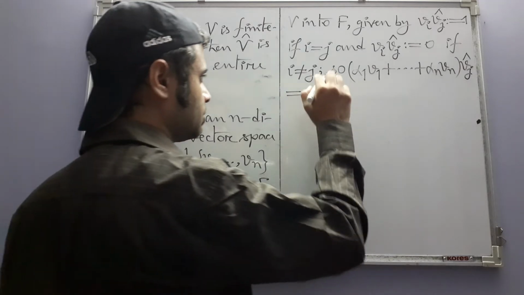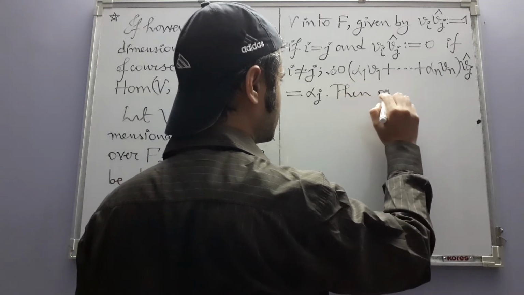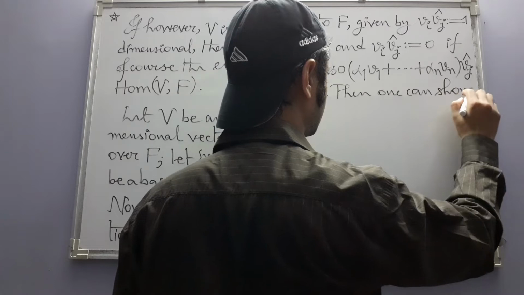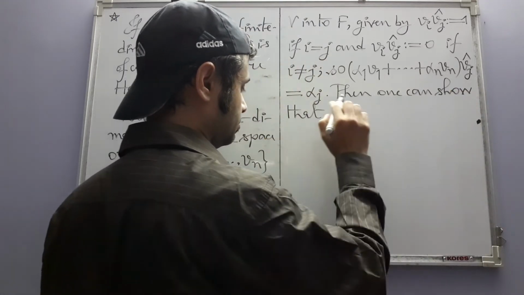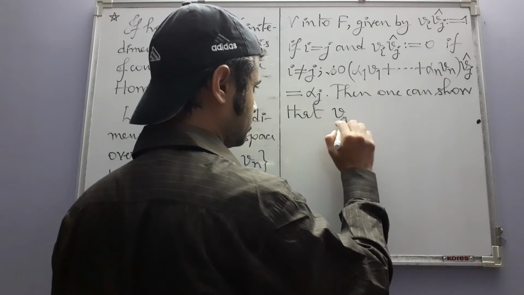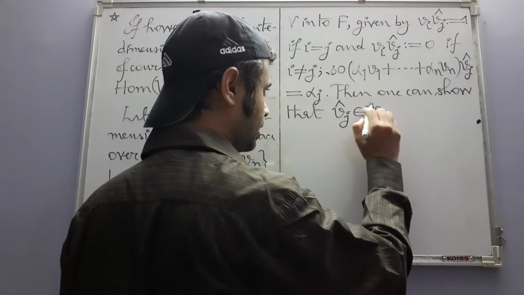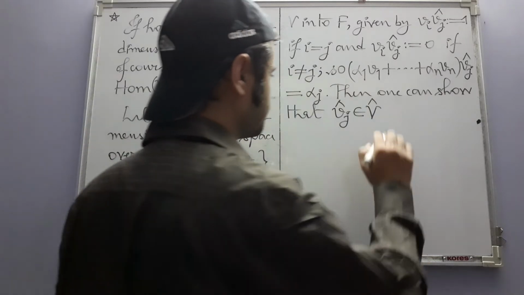Okay, then one can show that Vj hat is in fact a linear functional for each j.